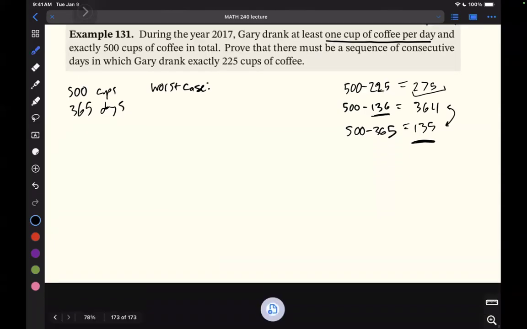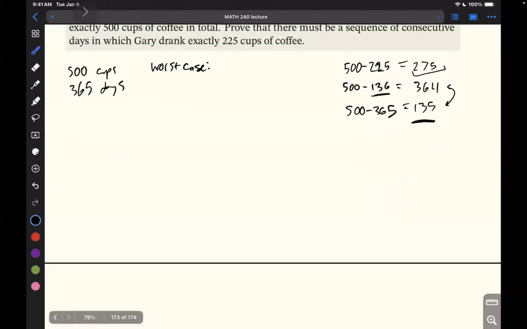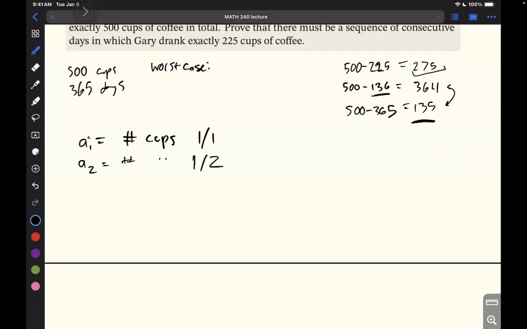So the way the book solves it is, he drinks 1 cup of coffee a day at least. And so let's write the number of cups of coffee as a running total. If we have A1, that's the number of cups drunk on January 1st. A2 is the number of cups drunk on January 2nd.